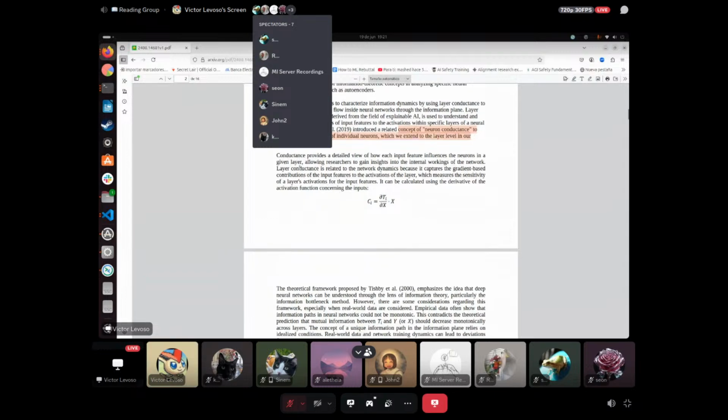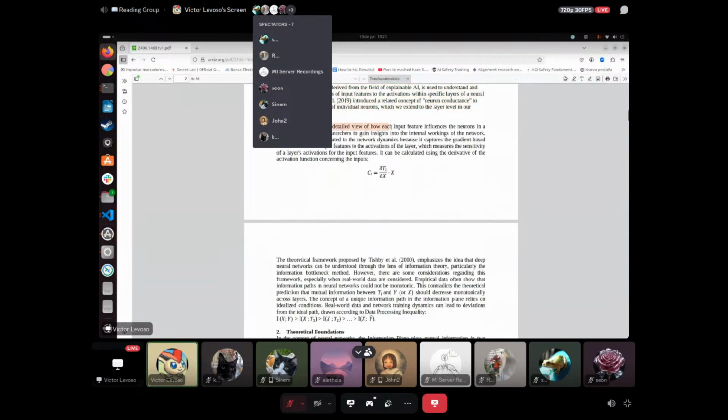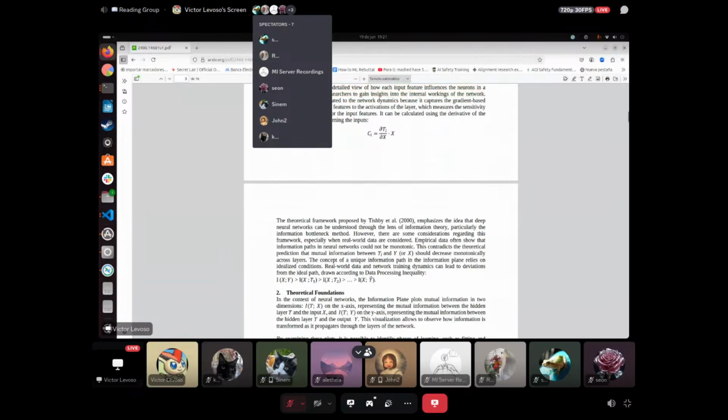Maybe this has other nice properties, but no. Conductance promises to determine how input features influence the neurons in a given layer, allowing researchers to gain insights into the internal workings of the network.